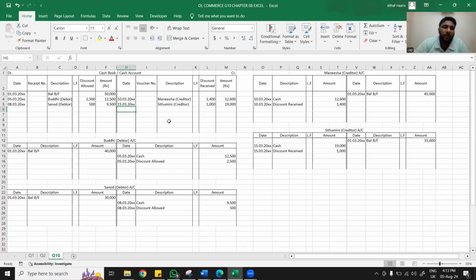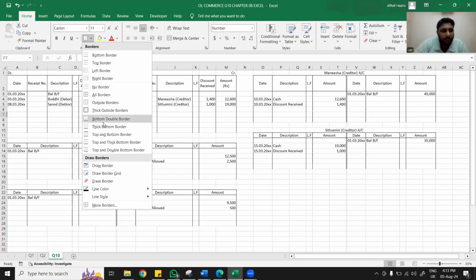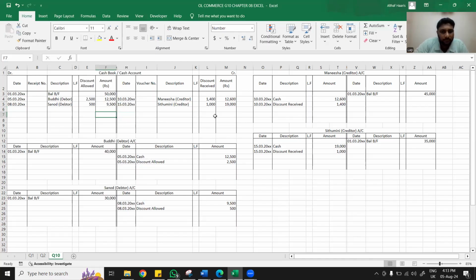Okay. Now we'll balance all the accounts. Let's start with the cash account. In the cash account, the debit side is bigger, 72,000.